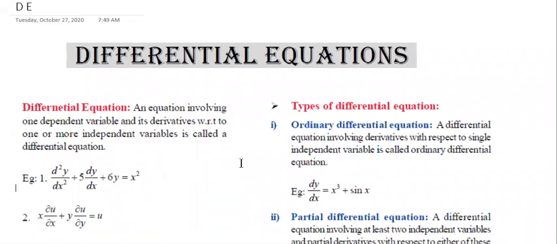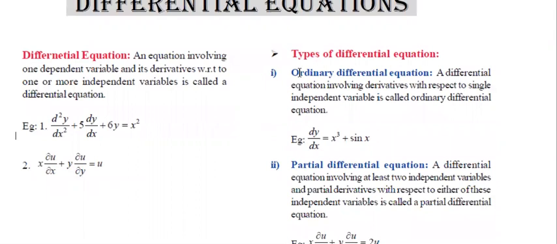Differential equations are of two types. One is ordinary differential equations and the other is partial differential equations. What is an ordinary differential equation? A differential equation involving derivatives with respect to a single independent variable is called an ordinary differential equation.